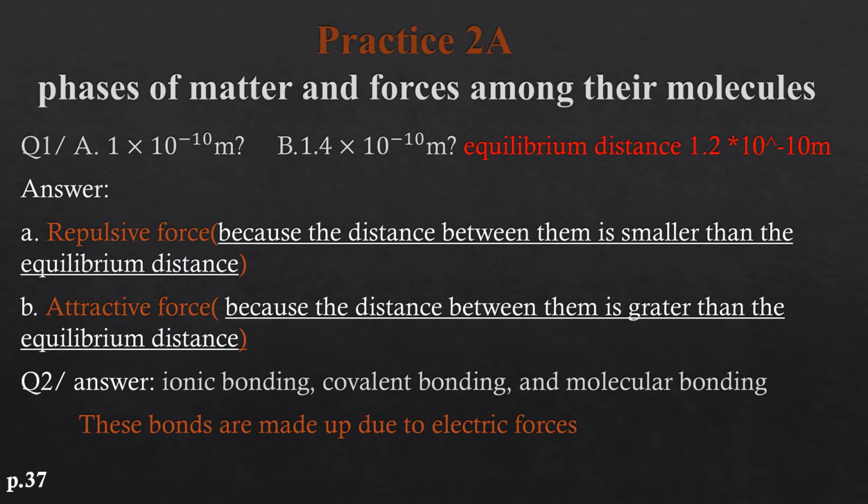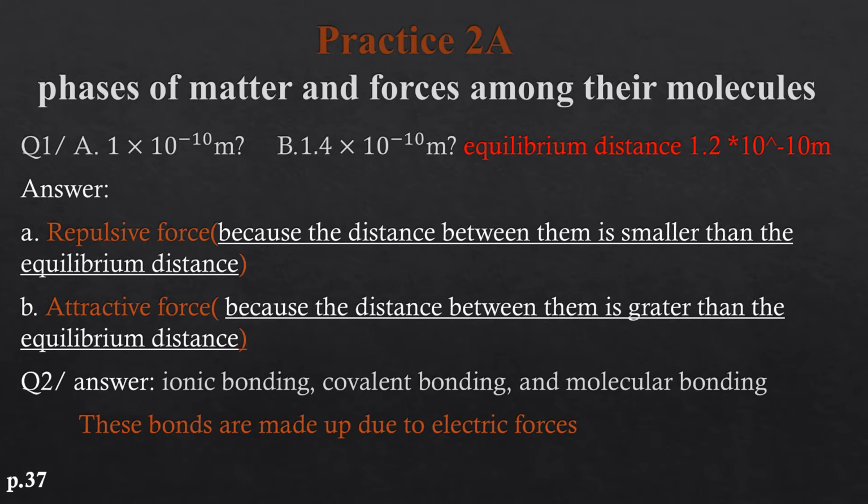Question 1 says the equilibrium distance between two neighboring atoms of a given element is 1.2 times 10 power negative 10 meter.